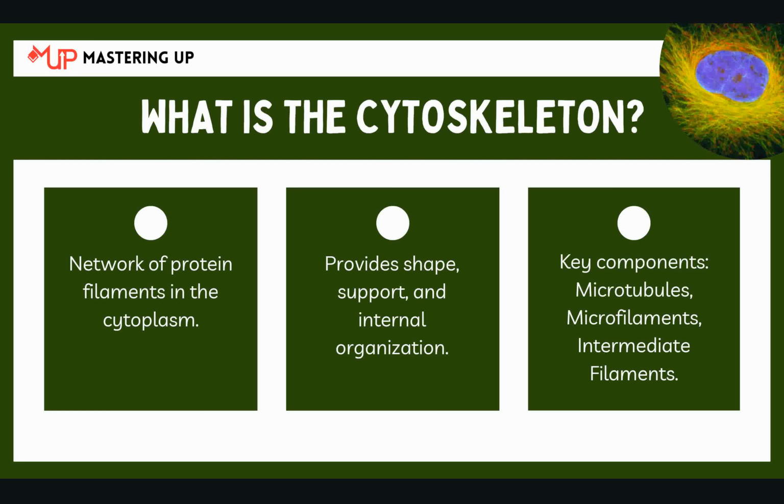These structures help the cell maintain its shape, organize internal structures, and carry out essential functions like mitosis, transport, and motility. Each filament type is composed of specific proteins that must function correctly to keep the cell functioning and healthy.